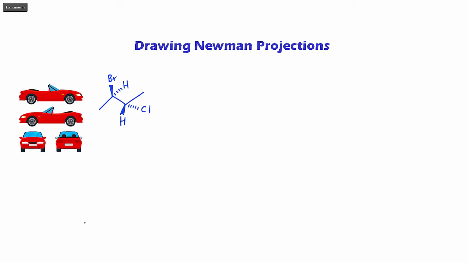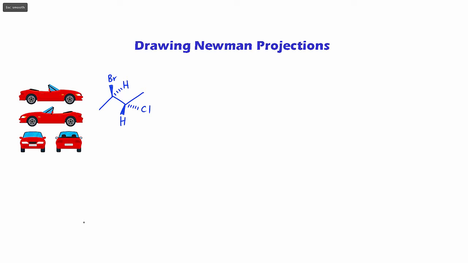But in order to draw this Newman projection, you have to be able to visualize and see that you are actually looking at the molecule from the front or the back, contingent upon which axis you're looking at.